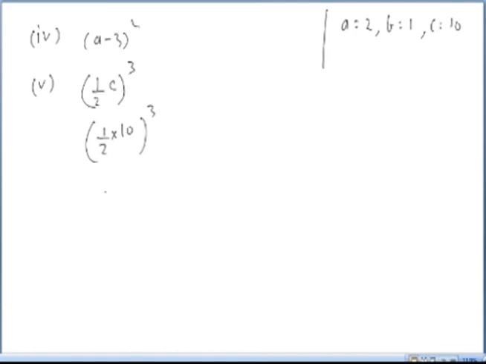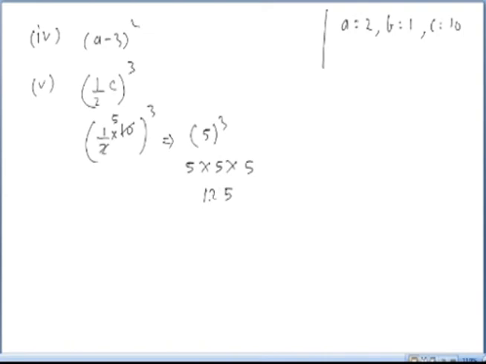Okay, so just cut it. So here 5 1s are 5. 5 cube. 5 cube means 5 into 5 into 5. 5 5s are 25. 25 5s are, sorry, 125. Okay. So this will be the value of this term.